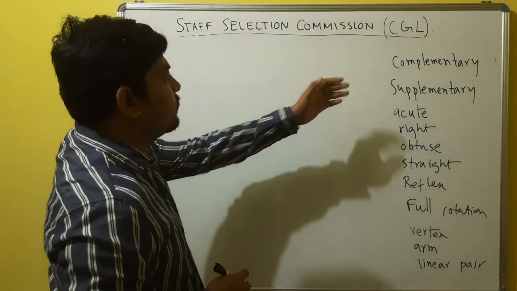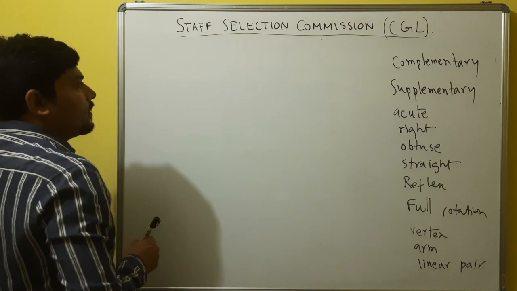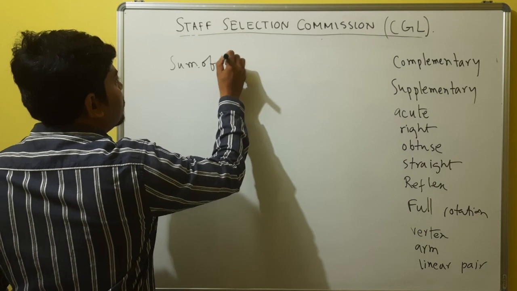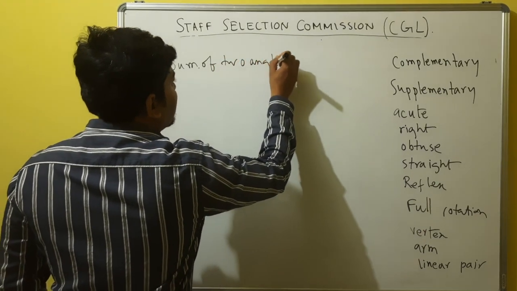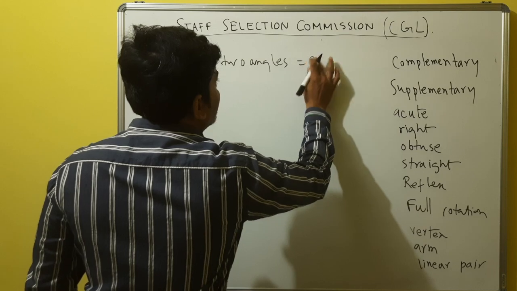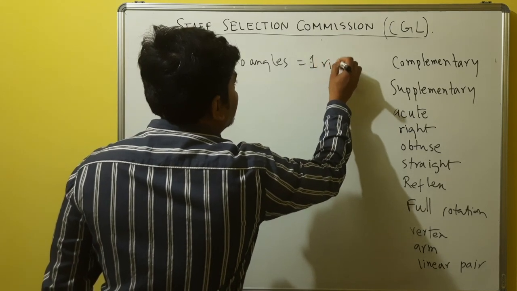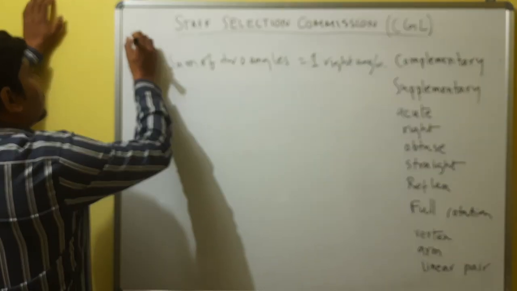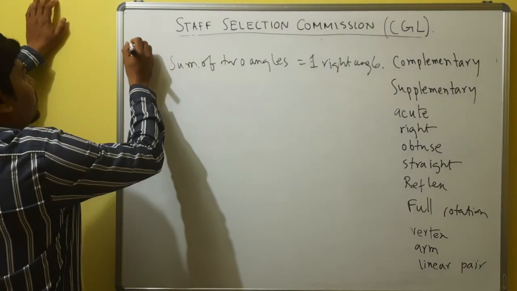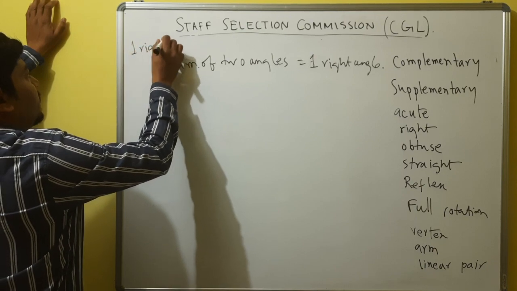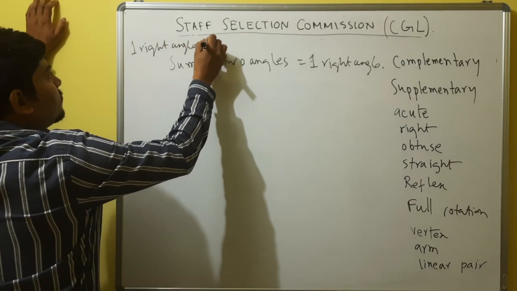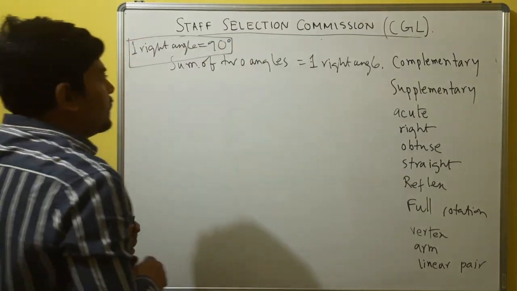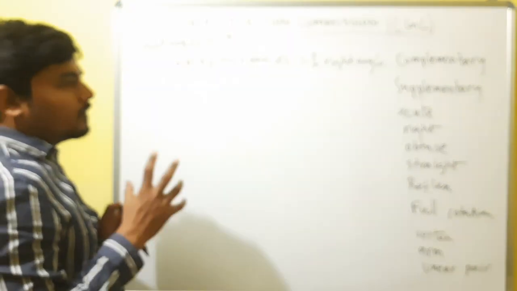Okay. So what is a complementary angle? When the sum of two angles is equal to one right angle. Another important thing, what is a right angle? One right angle equals 90 degrees. Initially, this degree concept was not there.